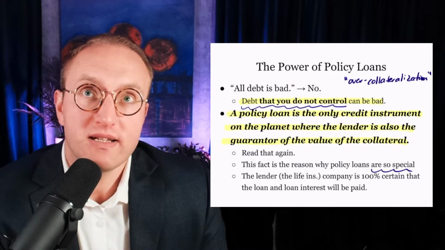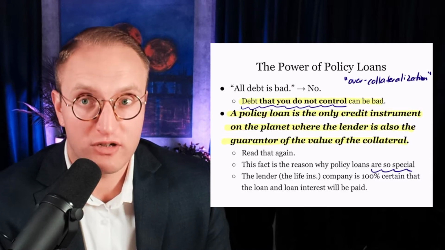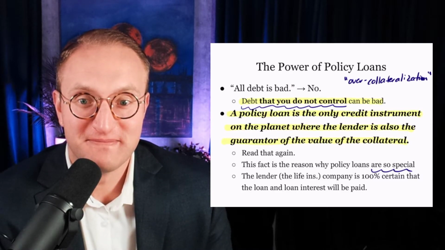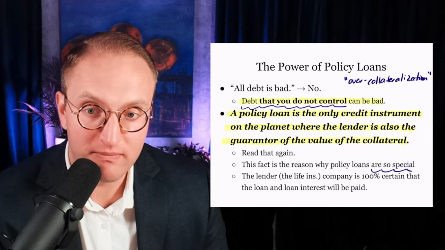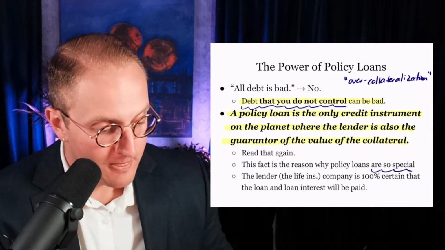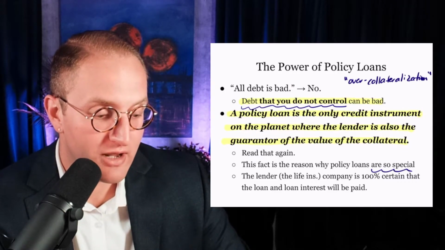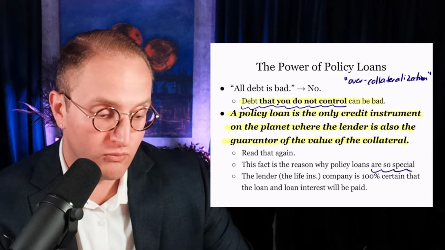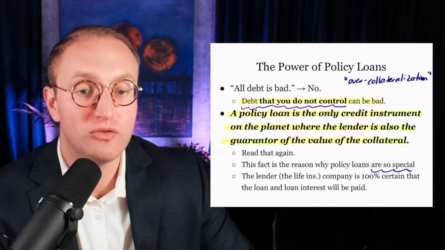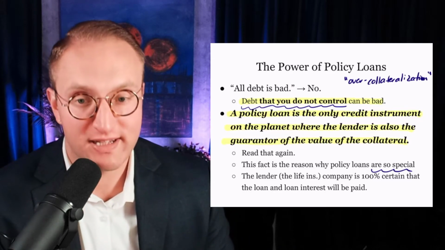Do you think that the bank is going to value those assets highly or conservatively? Well, of course they're going to undervalue them, right? They want to have much more collateral on the books relative to your indebtedness to them.